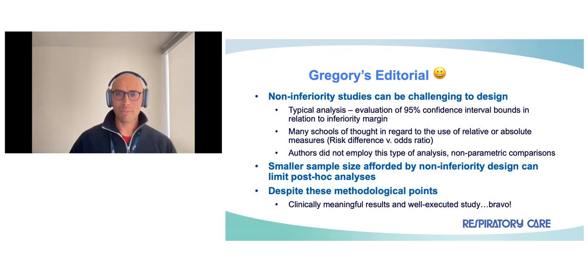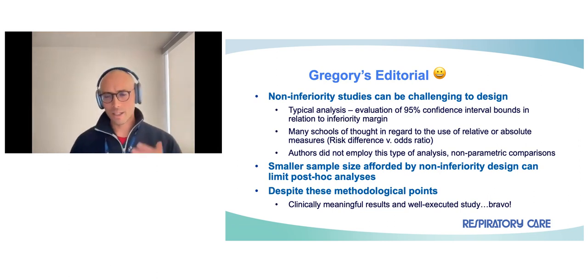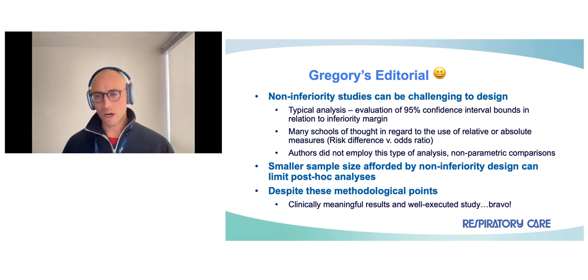So as a bonus, I provided my own editorial for you guys here. And my thoughts are that non-inferiority studies can be challenging to design. There are many ways to do them. When you Google it, the typical non-inferiority analyses involve looking at 95% confidence intervals in relation to the inferiority margin, and there are many schools of thought behind it.